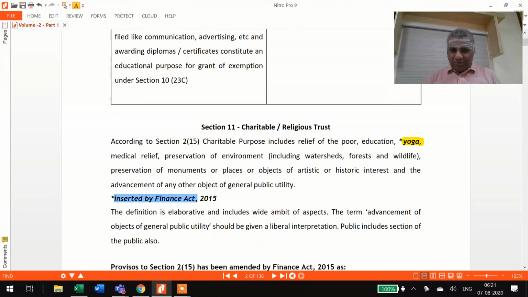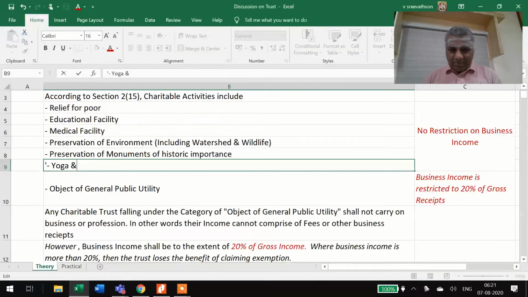Interestingly, it is exactly after the first finance bill presented by the present government. They got elected in 2014, and in 2015 you have this amendment. Whether you want to be called a nationalist or not is up to you, but I found this very interesting.